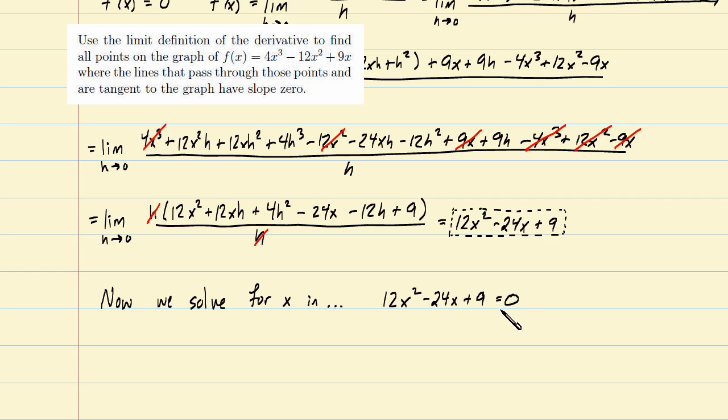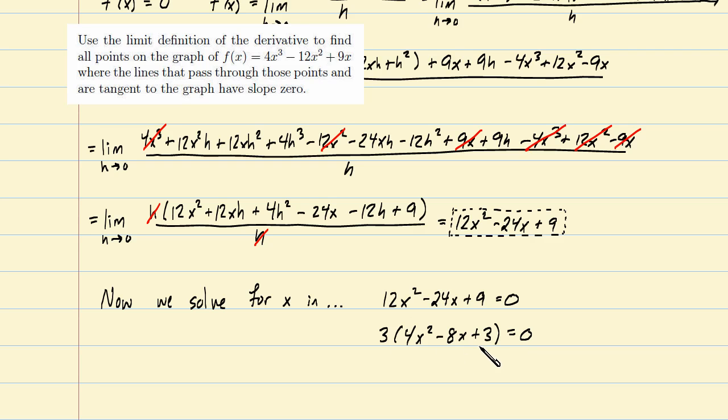We want to solve for which x values satisfy that, and we do that in the normal way. This is a nice quadratic here. 0 is on the other side, so maybe we attempt to solve this by factoring. Notice we can pull a common 3 out. That leaves 4x squared minus 8x plus 3.